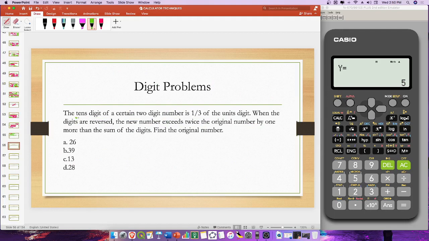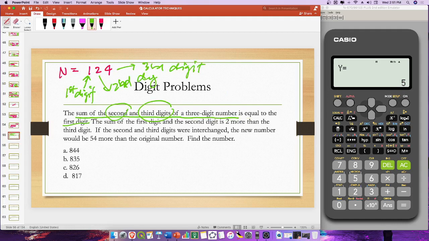Look at this: tens digit and unit digit. That's how they use digit there. But in the problem that we will be solving now, there's no tens digit or unit digit, only first, second, and third digit. So take note, 1 here is the first digit, 2 is the second, and the third digit will be 4.